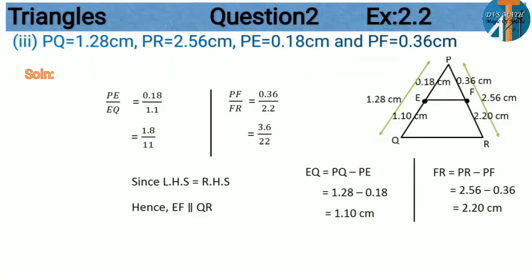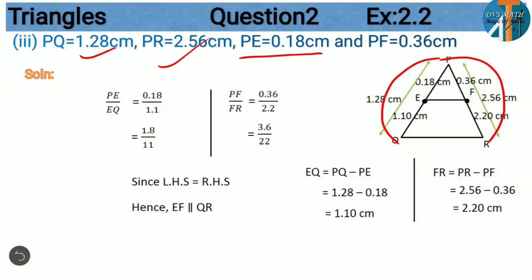Sub question 3. Here observe the given, the total they give, that is PQ. They give PQ 1.28 cm, total PR 2.56 cm, and PE is 0.18 cm, PF is 0.36 cm. So here you can observe they gave the total.